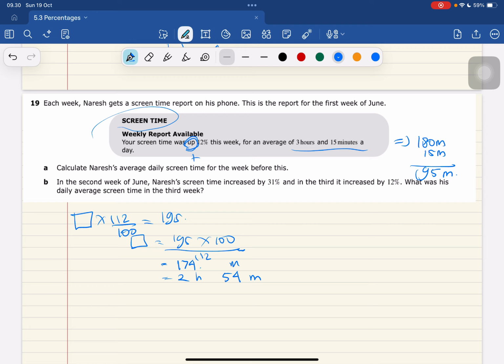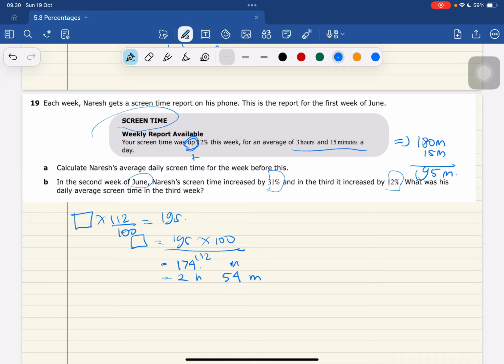Okay, in the second week of June, screen time increased by 31% and the third week increased by 12%. What was his daily average time in the third week?